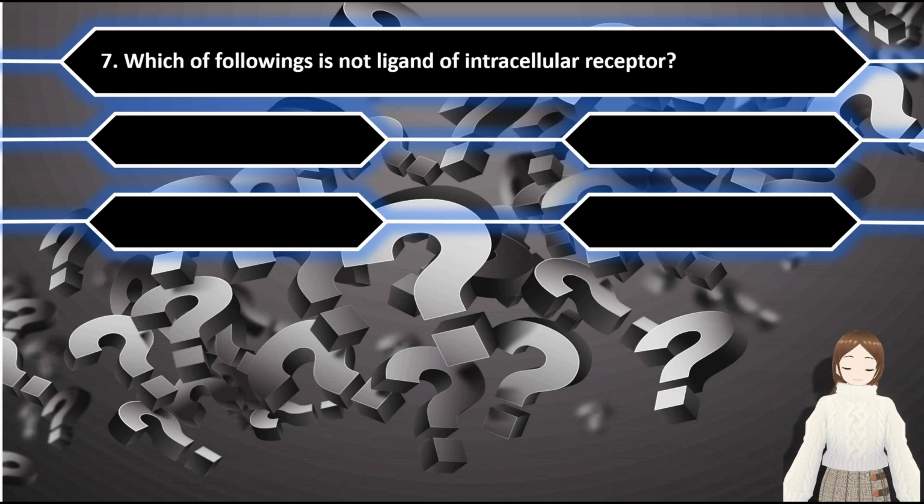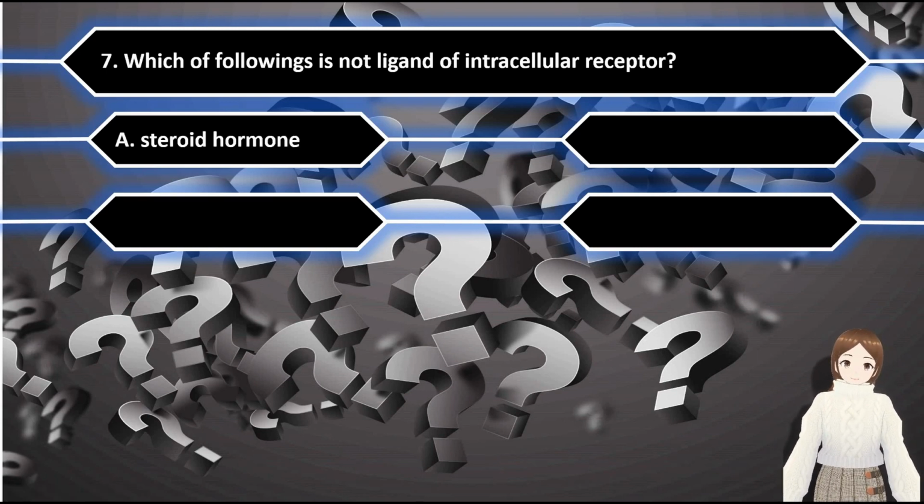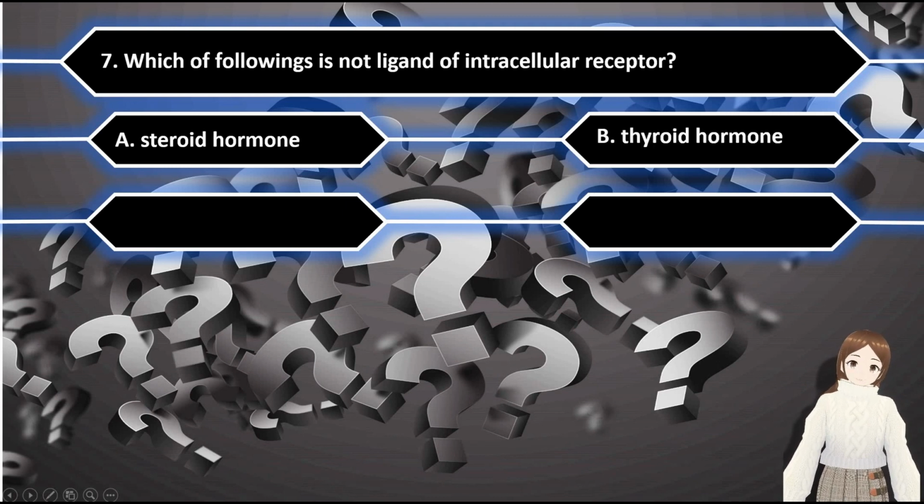Question number 7. Which of following is not the ligand of intracellular receptor? A. Steroid hormone, B. Thyroid hormone, C. Vitamin D, D. Insulin.